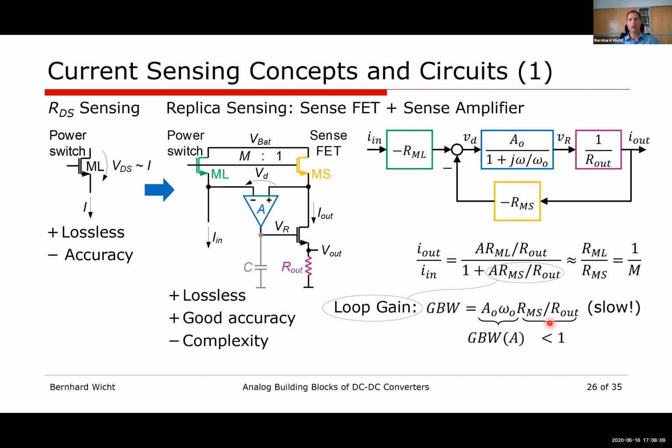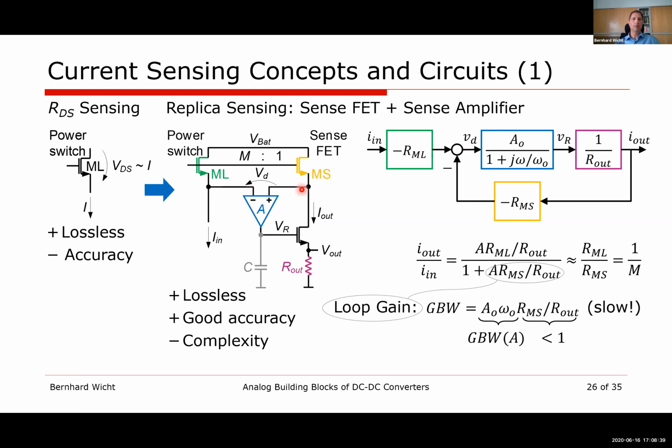So you have a significant reduction of the gain bandwidth of the amplifier. Even though it's just a one-pole system, which would make it fast, it is really degraded and relatively slow. That's the reason why you find this more for low bandwidth current sensing, but it fits a lot of tasks in DC-DC conversion.